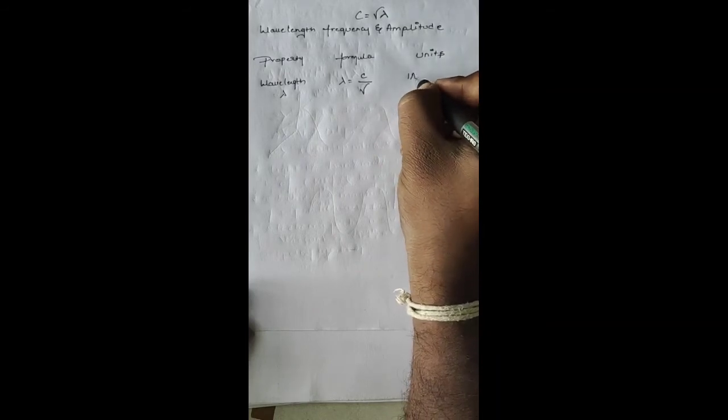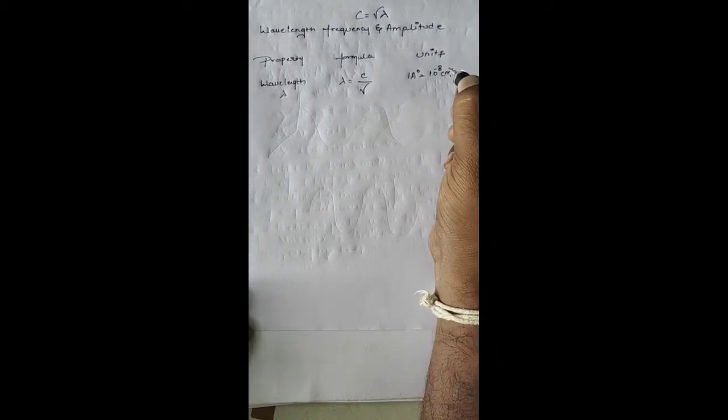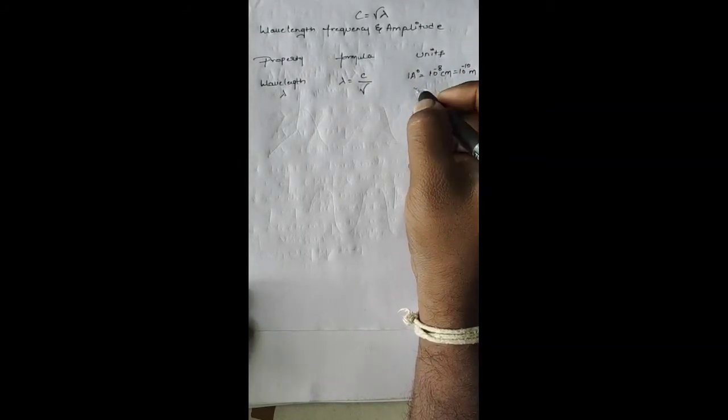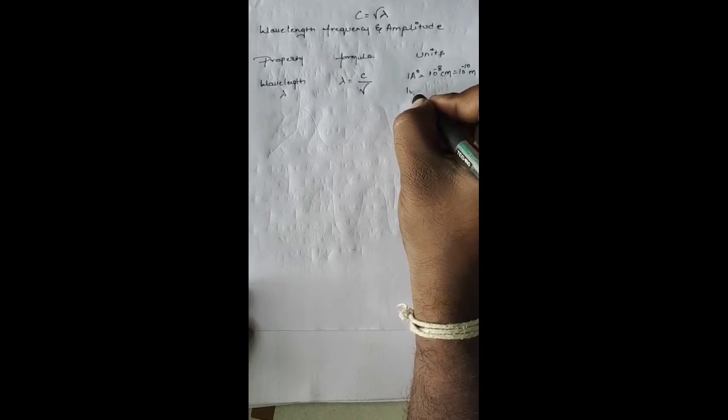Angstrom is nothing but 10 to the power of minus 8 centimeter. If you want to convert into meters, it is 10 to the power of minus 10 meter. Another unit for wavelength: 1 nanometer is equal to 10 to the power of minus 7 centimeter.